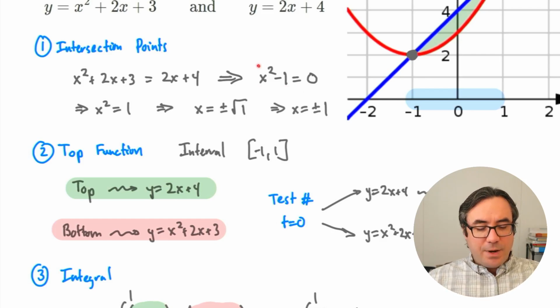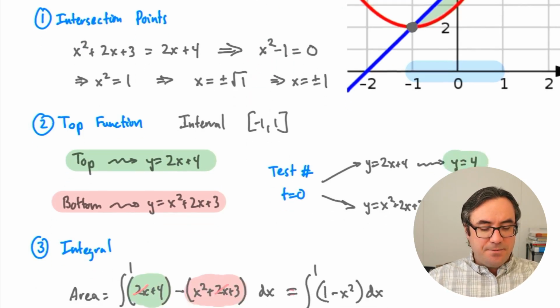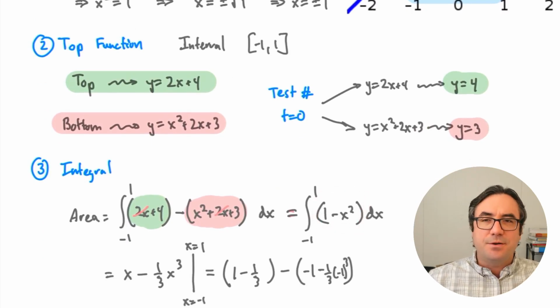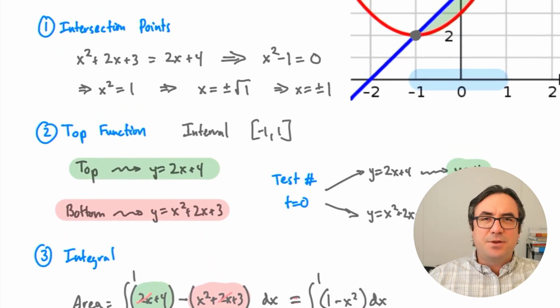So going back, we ended up with this x squared minus 1, and once we simplified the function, we ended up with 1 minus x squared. So very similar looking, just the signs are opposite. So that's okay. That's another way to check if you are simplifying correctly as you go. If you simplify the function, it should look similar to what you had before.